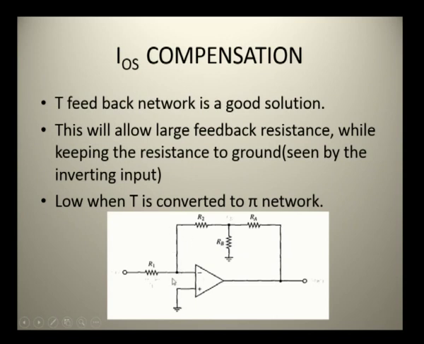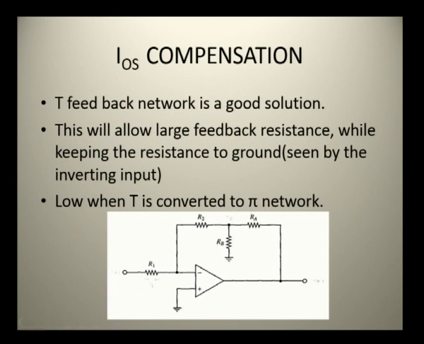So in the case of the amplifier circuit, we can use this T network, and if you want to deal with a very small range of input signal, then we have to convert this T to pi, and if it is in pi connection, then the resistance in the feedback network is very low.